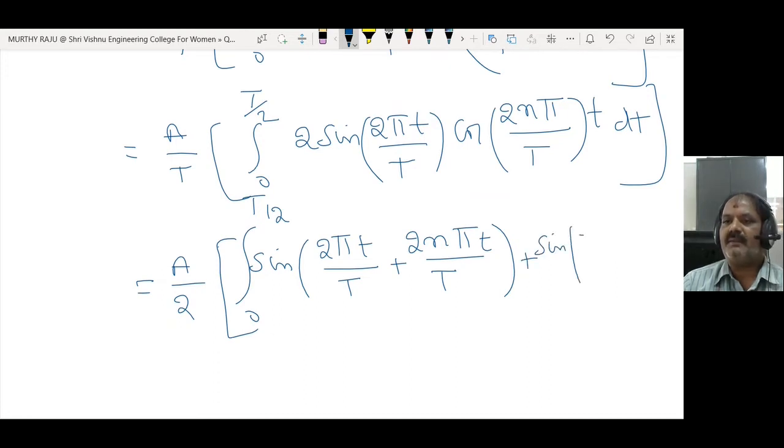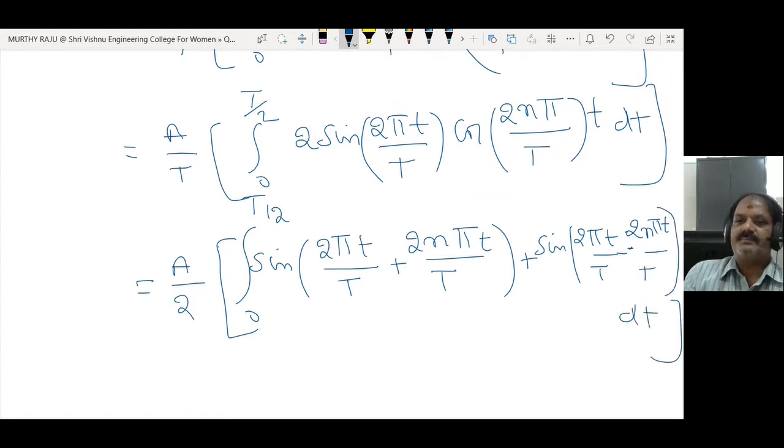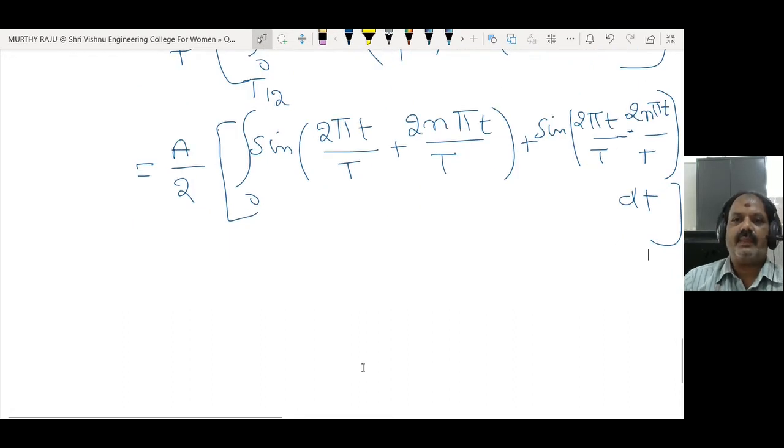Sin(A minus B) means sin of 2 pi t by capital T minus 2n pi t by T. That is equal to A by 2 integral 0 to T by 2.